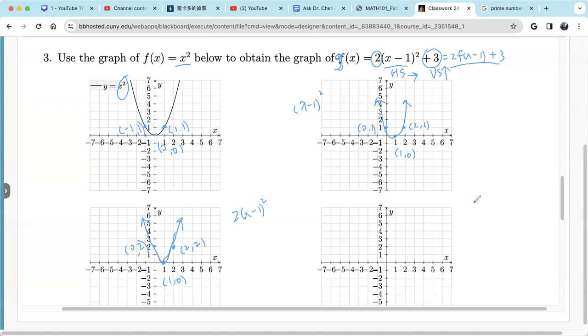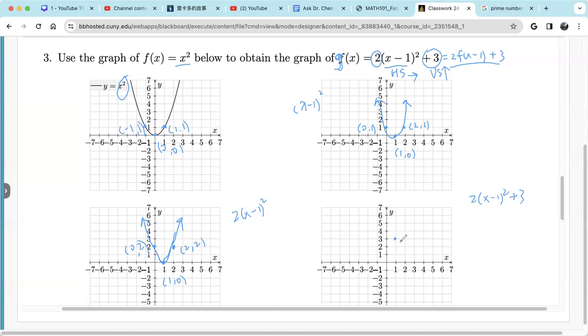So last one, I graph 2 times x minus 1 squared plus 3. So every point is being pushed up 3 units, meaning for the 3 points, add 3 to the y value. So (1, 0) now, 0 plus 3 becomes (1, 3).